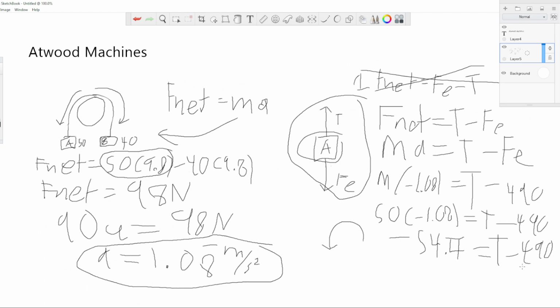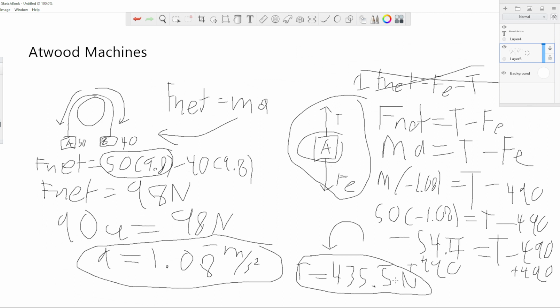And then you just add 490 to each side. And so your tension is going to equal 435.5 repeating. And this is in newtons. So this is your answer for tension.